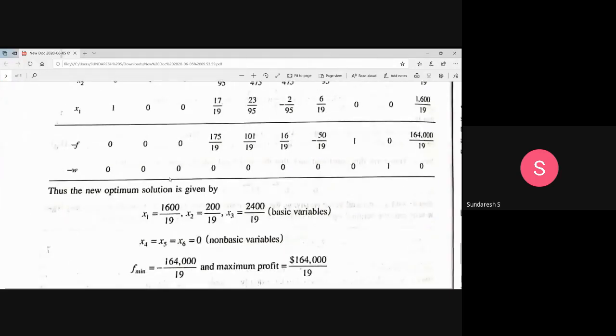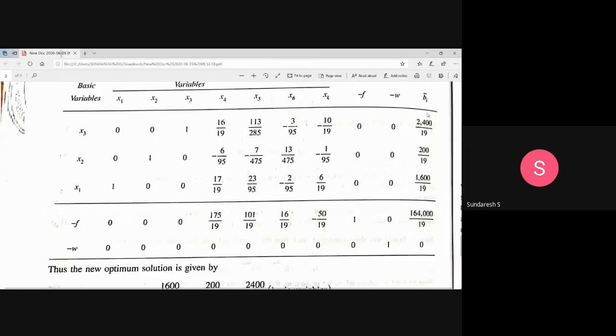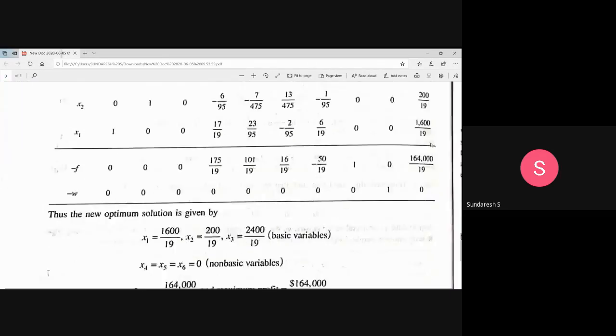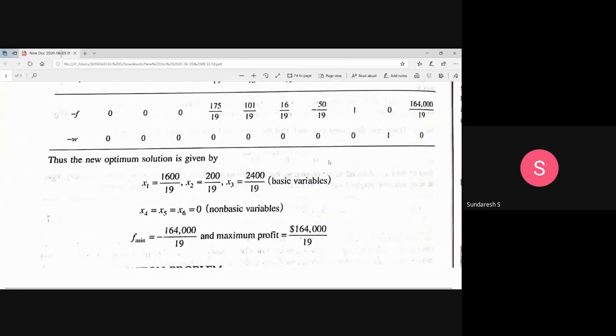Finally, what we are going to get is x1 as 1600 by 90, x2 as 200 by 90, and x3 as 2400 by 90. These will form the basic variables for us, and x4, x5, x6 will become the non-basic variables.